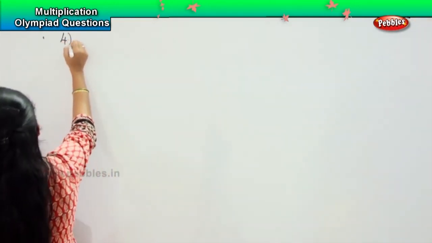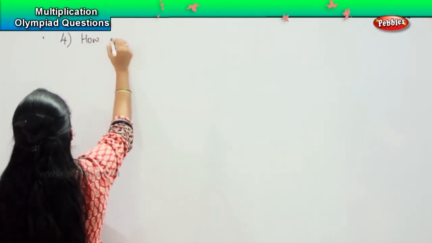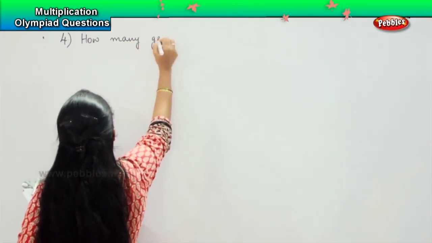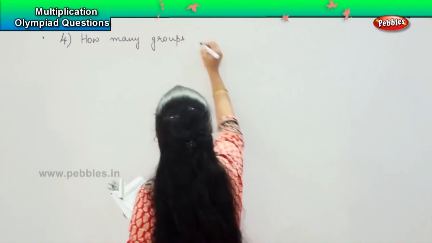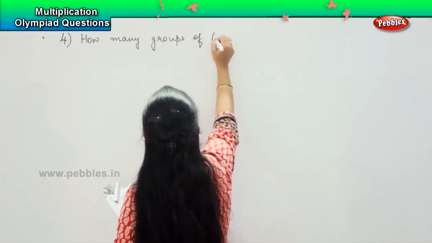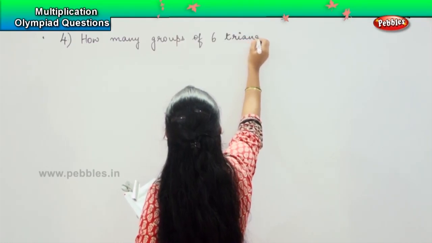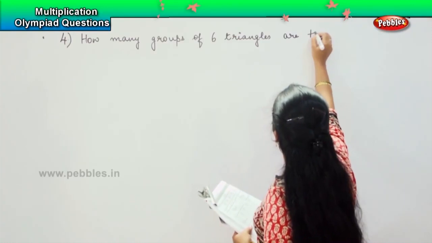Now, my next question is, you need to tell me how many groups of 6 triangles are there.